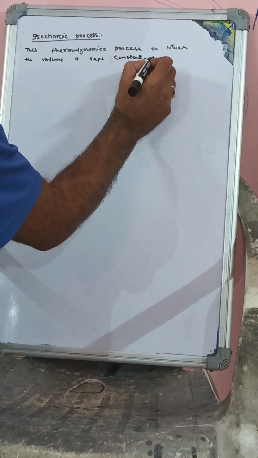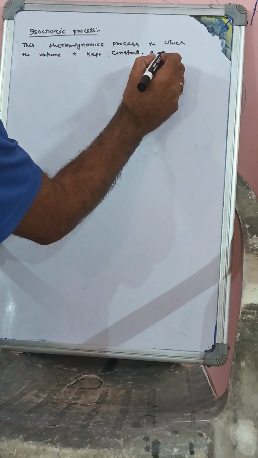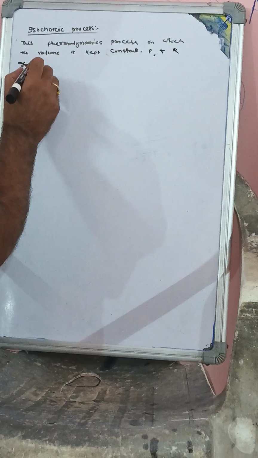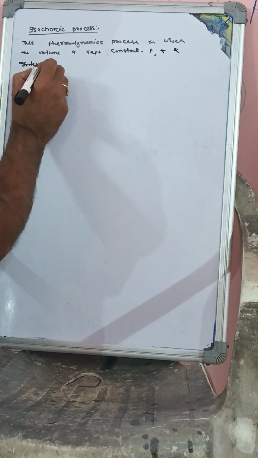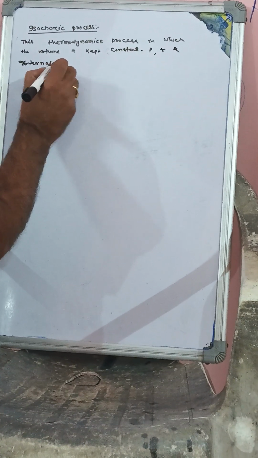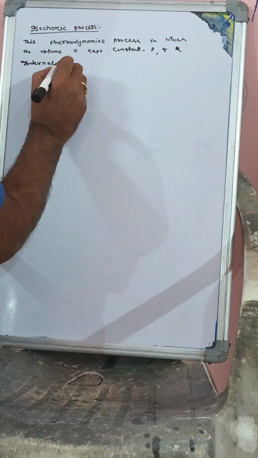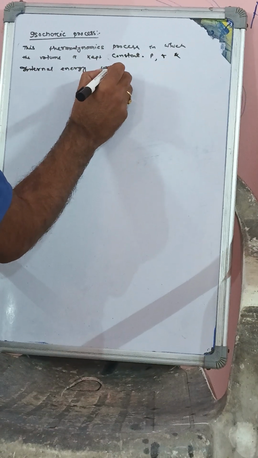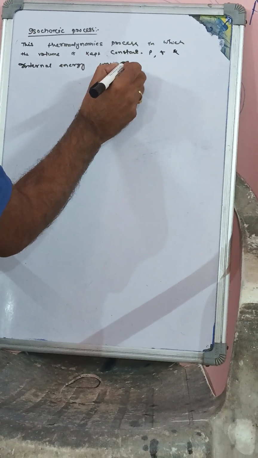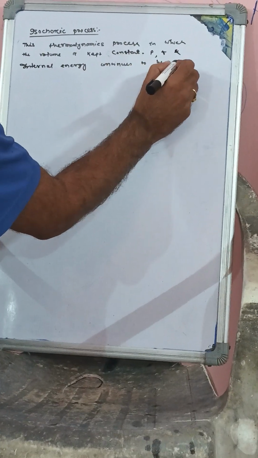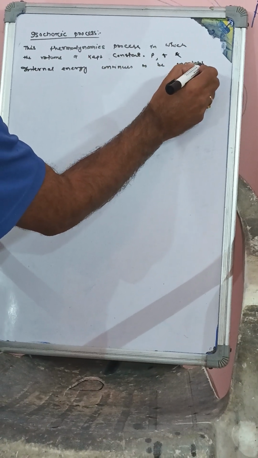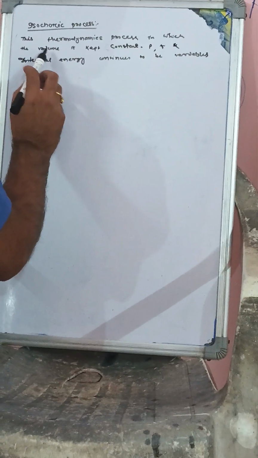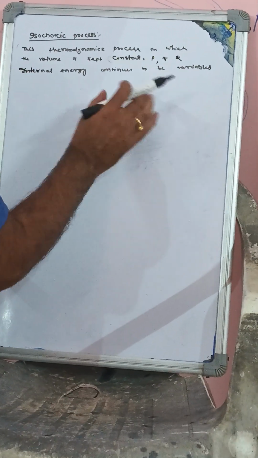Pressure, temperature and internal energy continue to be variables. Only in the isochoric process is volume constant and the other variables are variables.